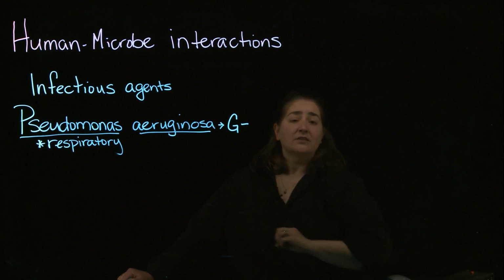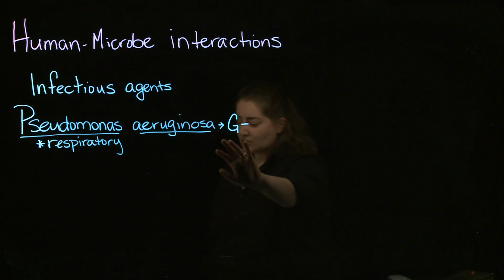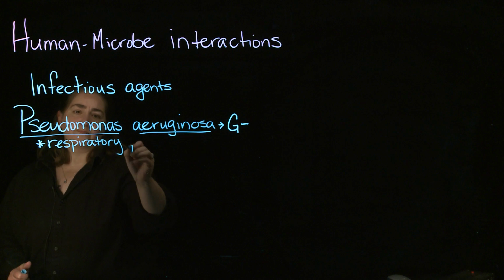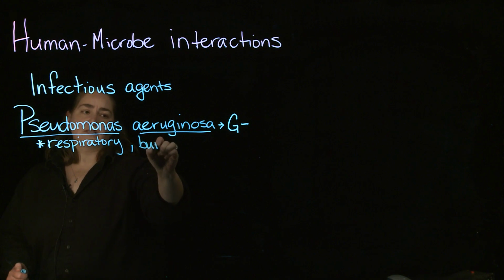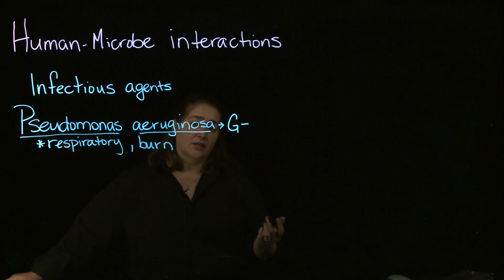Although it doesn't guarantee it, there are other bacteria that make pigments as well. But in terms of that, it's typically respiratory, although if you deal with severe burn patients, Pseudomonas aeruginosa a lot of times will colonize burns and that open wound associated with a burn.